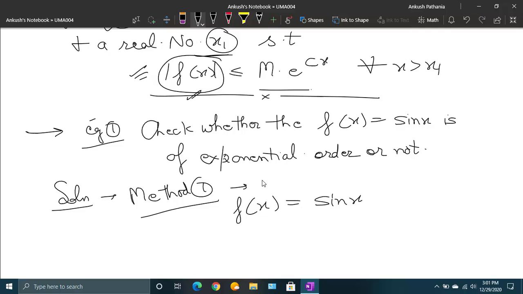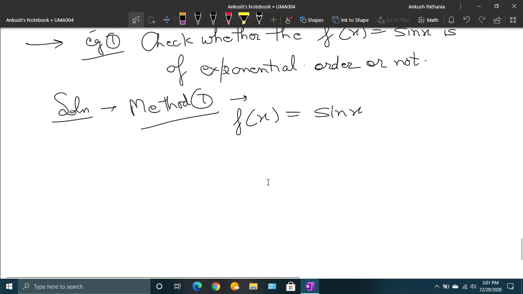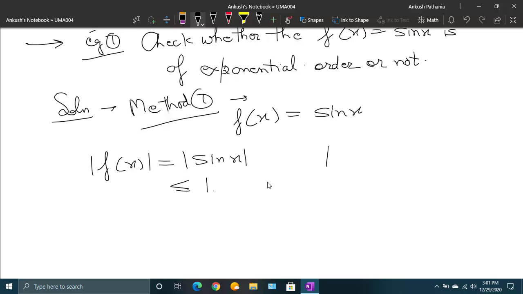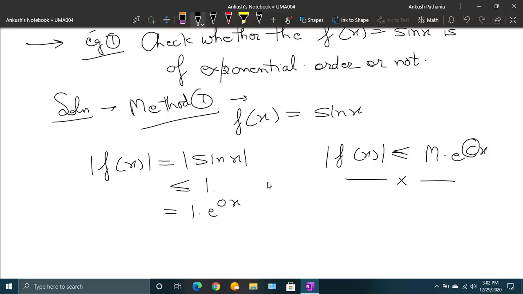I take the mod of f(x), which equals mod sin x, and this is less than or equal to 1. Now by the definition of exponential order, mod f(x) is less than or equal to M times e raised to power cx. If I get this type of relation, I will call f(x) a function of exponential order c. So now I can write this 1 as 1 times e raised to power 0 times x.